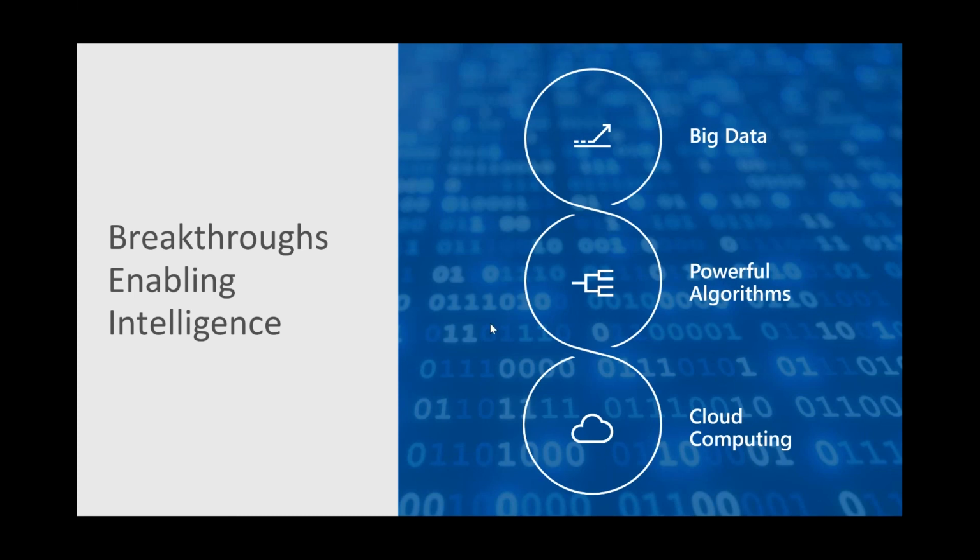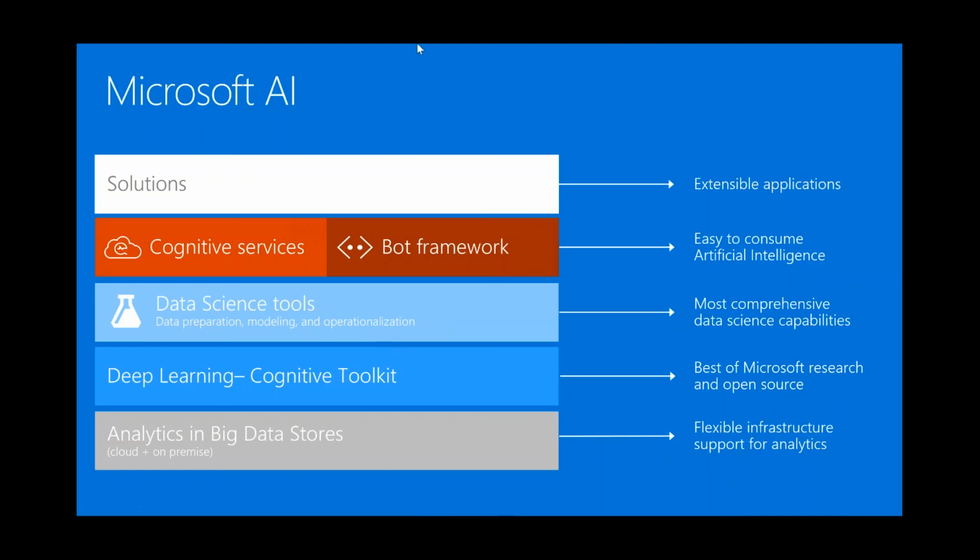Because of this, AI is gaining a lot of ground, and a lot of enterprises are trying to leverage this and drive transformation, either to improve efficiency, help employees, and so on and so forth. Now from a Microsoft perspective, Microsoft AI, what do we offer? We bucketize it into five areas.